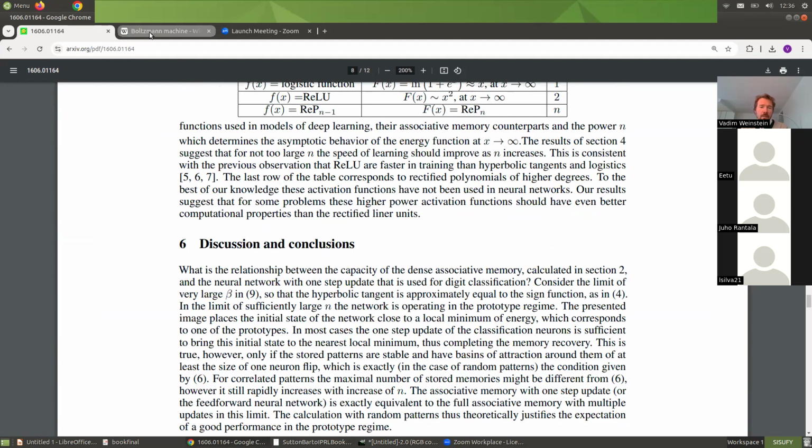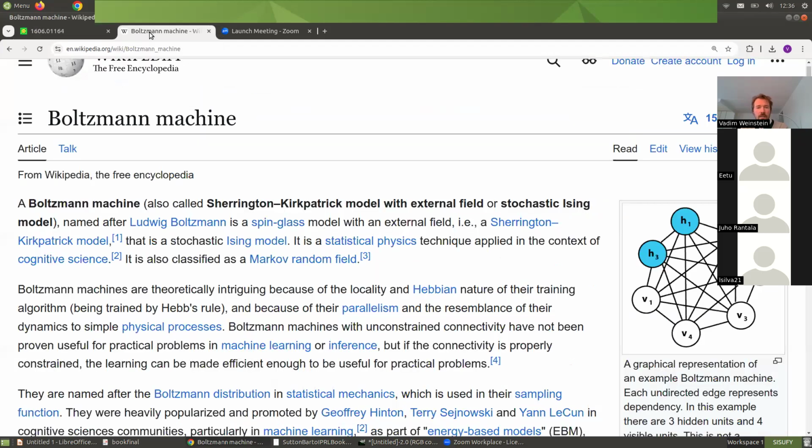Another answer to this question is Boltzmann machines. Boltzmann machines are basically generalizations of Hopfield networks. Not sure which one came earlier.